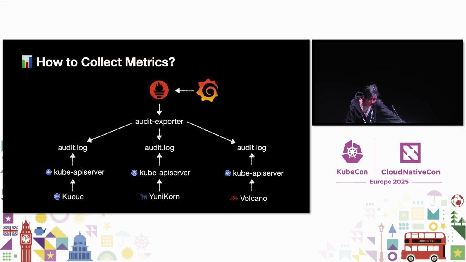Basically, the API server audit log records each event exactly when a pod is scheduled, and the date, etc. We collect all the events and use a simple parser to check when a pod was created, then aggregate them.